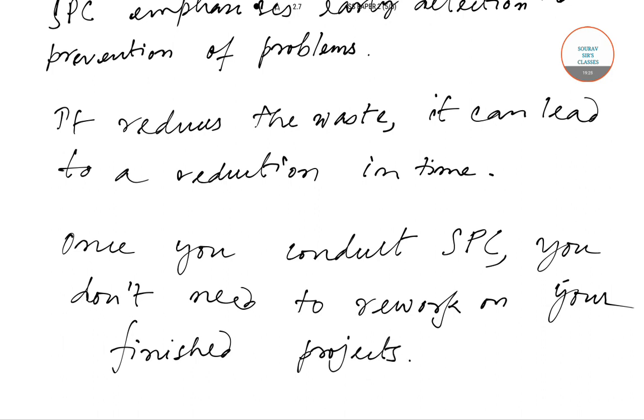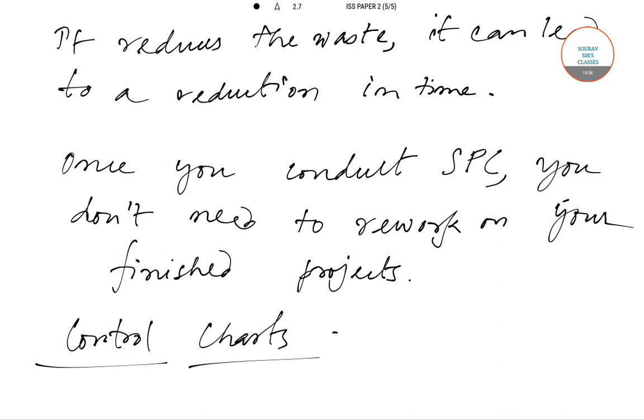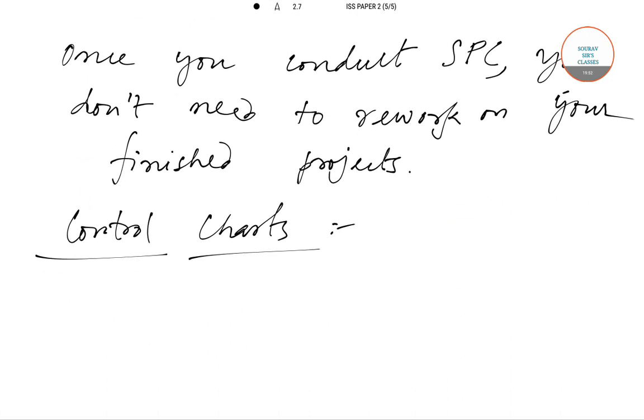Now I will be coming to your much awaited topic, that is control charts. I told you I would talk about control charts in detail later in the discussion. So now I will be talking about control charts. Before I enter into control charts, I will be talking about a few basic concepts that are needed to study control charts. First of all, what is a control chart? It is a graphic device which is used for detecting variations in the production process, or the permissible limits of variation.